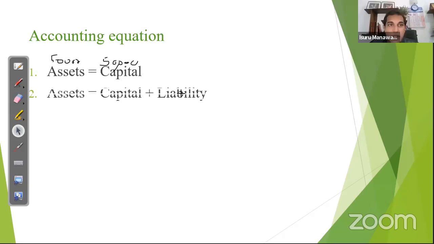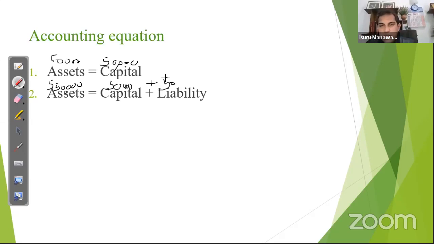Total asset is 550,000, because we obtained a loan of 500,000, so capital remains unchanged at 50,000. Then in this side we need to fill the gap, 500,000. That is called a liability.